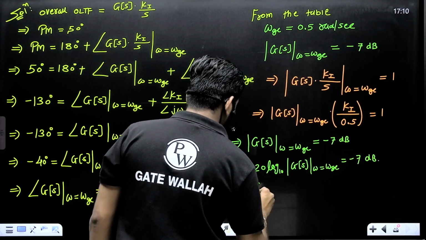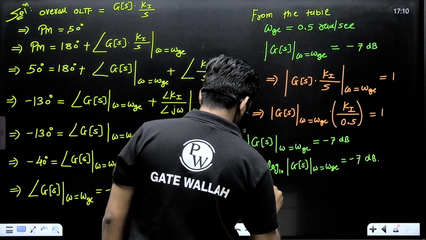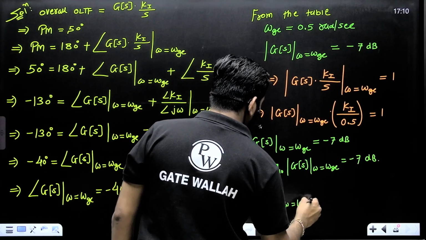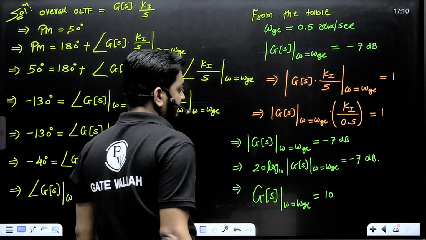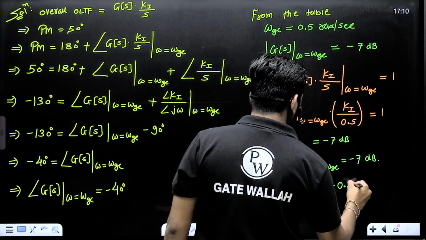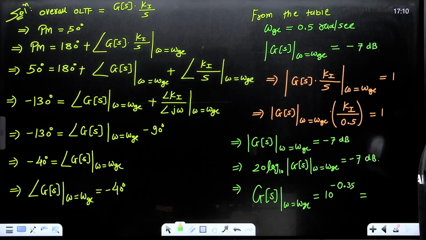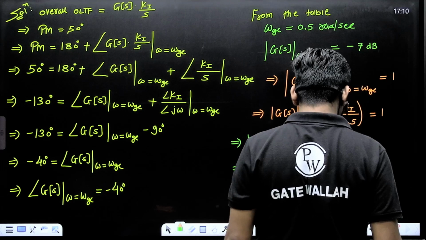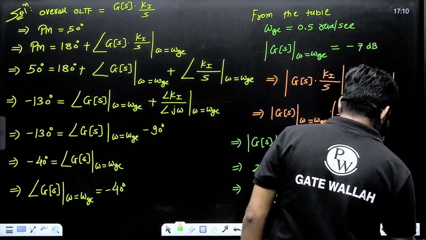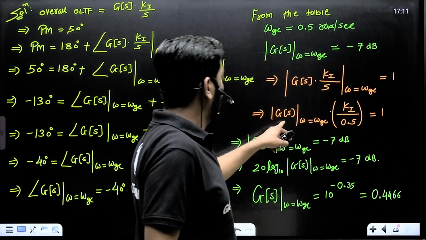To convert to the normal format, 20 log10 of the magnitude of G(s) at omega GC is minus 7 dB. So from here, the magnitude is 10 to the power minus 7 by 20, which is 0.4466.